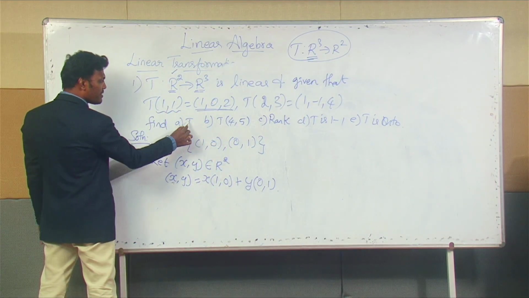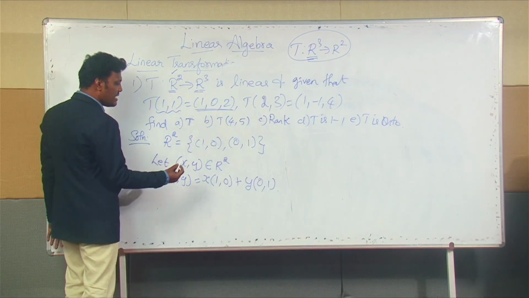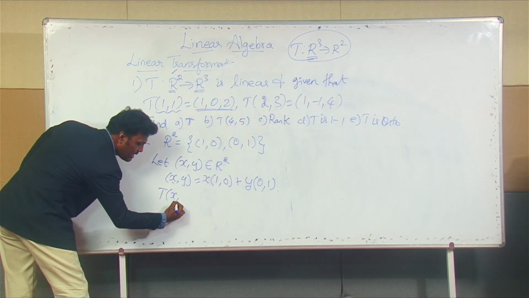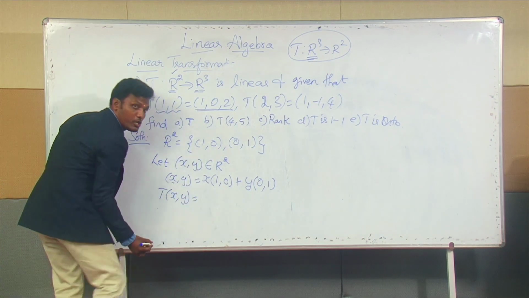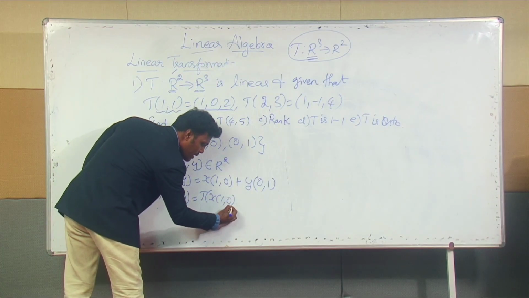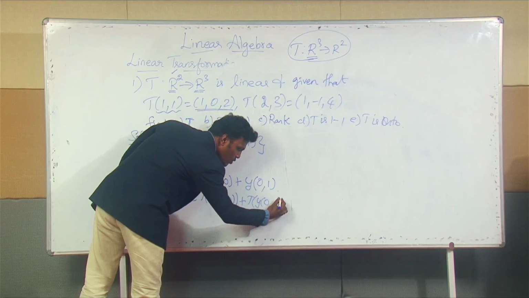Then, for the first subdivision, we have to find T. Take T on both sides. T of (x,y) equals T of x(1,0) plus y(0,1).